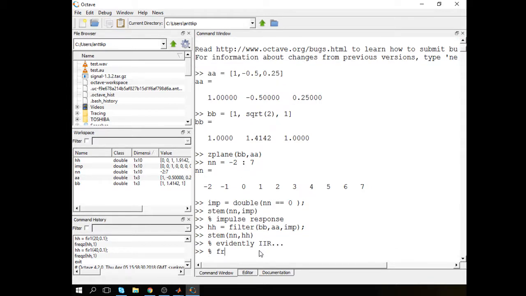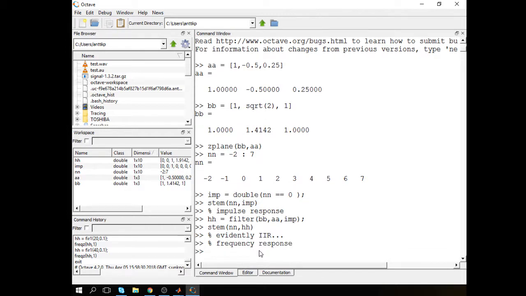And frequency response. In here we actually also need the sample rate. Without the sample rate, the frequency response really does not make much sense. Yes, it shows the frequency response in normalized frequency scale.